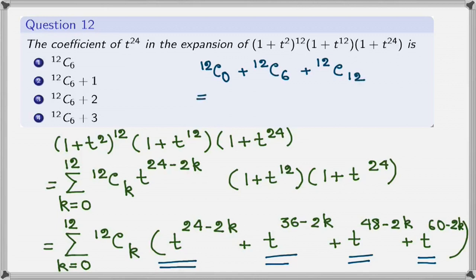Now 12C0 is 1, this is 12C6, and 12C12 is also 1. So our answer is 2 plus 12C6. So we see that here the third option is the correct answer. So this is the coefficient of t to the power 24 in the given expansion.